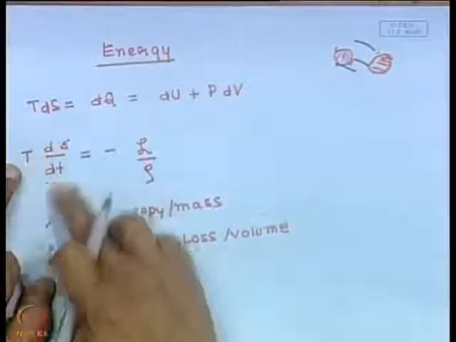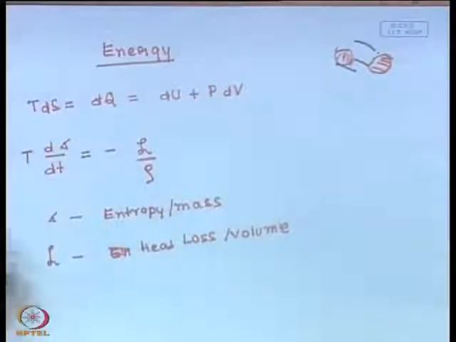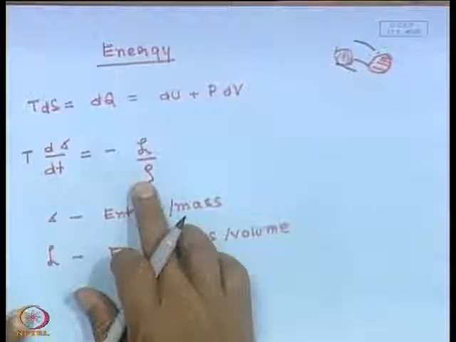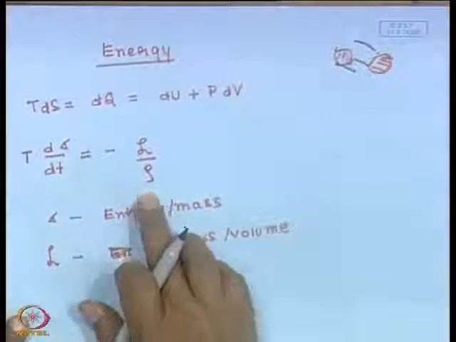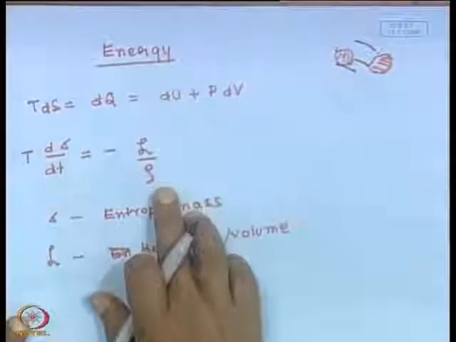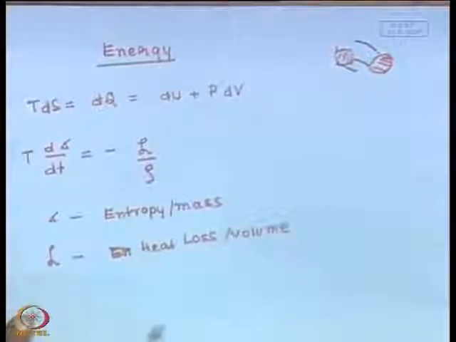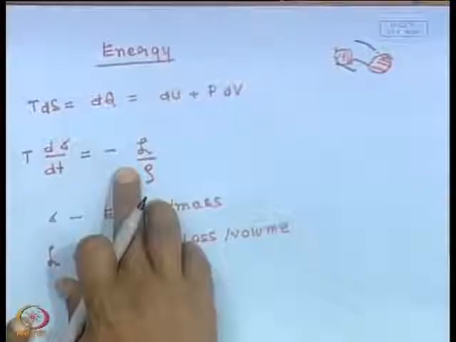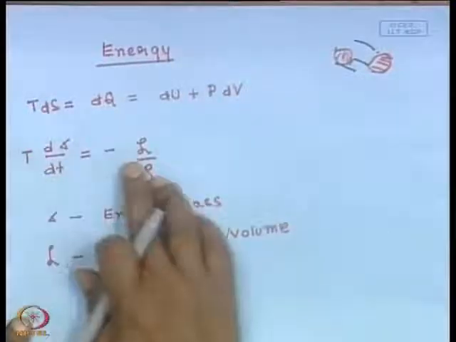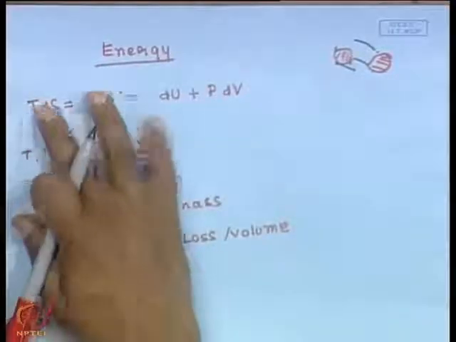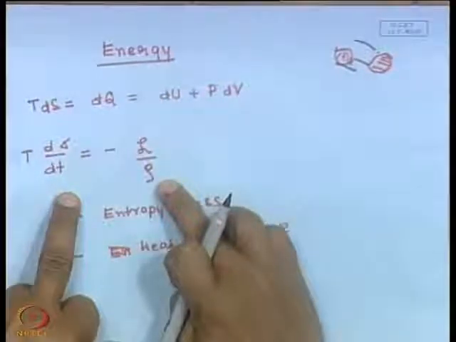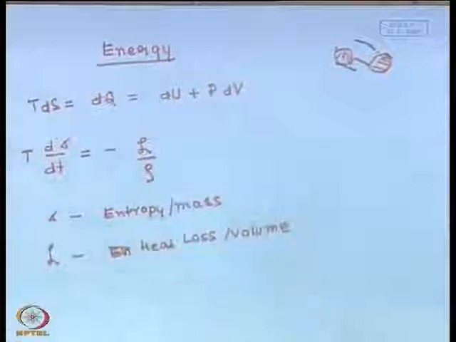This is the heat flow per unit mass, so we just divide it by the density. Density is mass per unit volume, and this will give you the heat loss rate per unit mass. And since it is the loss, we put a minus sign. And this tells you the heat gain, which is T dq. So I have essentially written this equation for a unit mass and differentiated with respect to time.